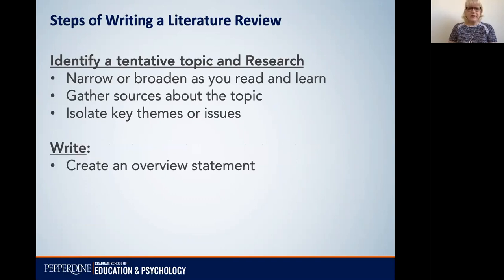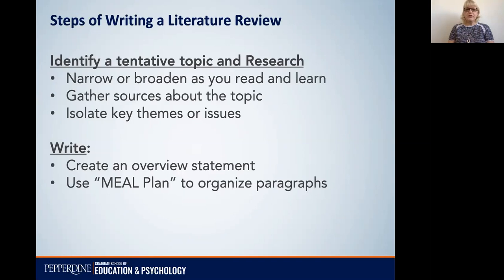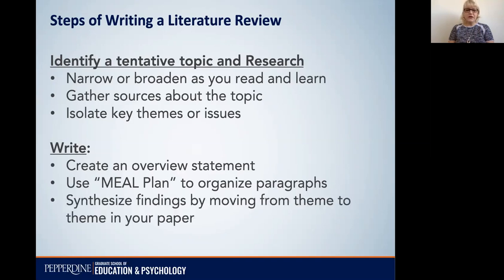When you start your writing, you would create an overview statement. And then I'm going to help you understand what a meal plan is. It's an acronym to help you develop and organize your paragraphs. And then you synthesize your findings by moving from theme to theme.